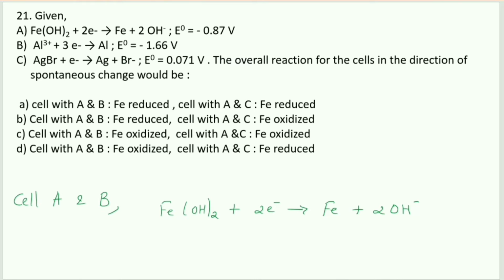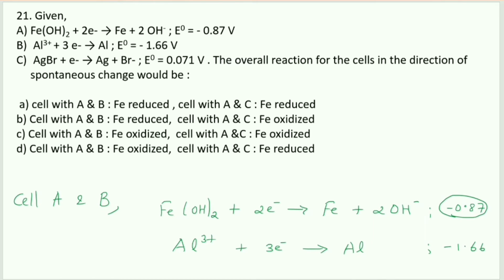And the second B reaction, Al3 plus 3 electron giving Al. And here the potential is minus 0.877, and for Al3 plus it is minus 1.664. Minus 0.877 is the higher reduction potential.